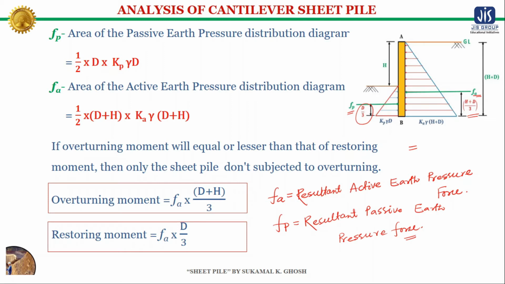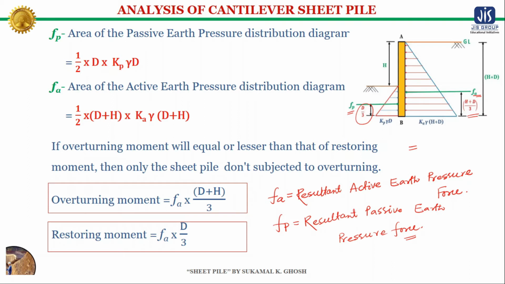Now how can we calculate this resultant active earth pressure force or this resultant passive earth pressure force? See, in our lectures of lateral earth pressure, we have discussed that the value of the resultant active earth pressure force will be the area of the active earth pressure distribution diagram.